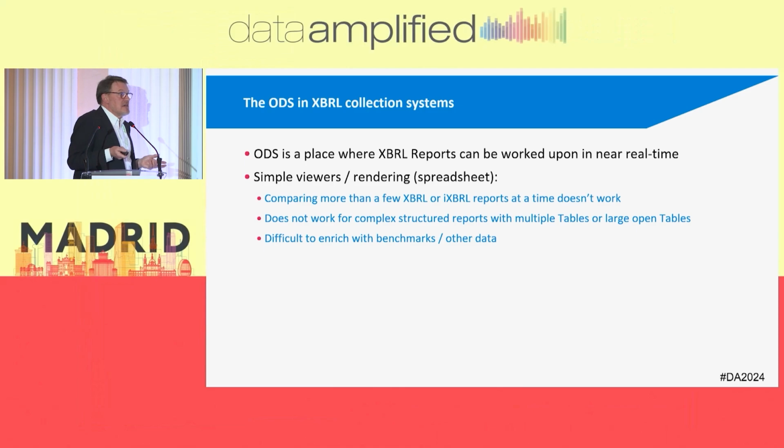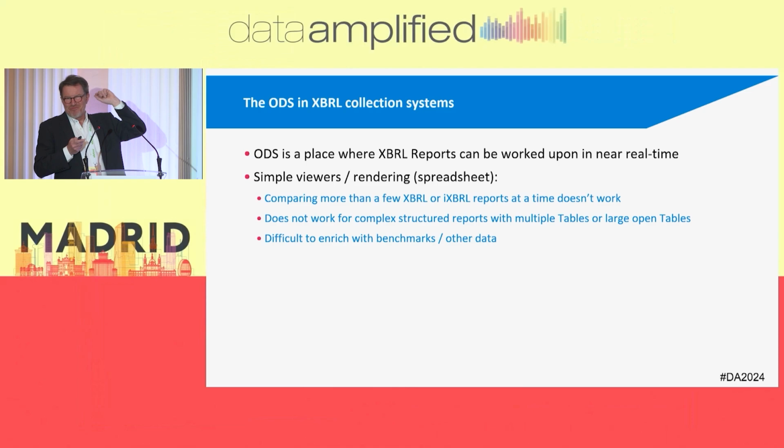If you're looking at, say, solvency data in Europe, you take a table like S06, it could have 100,000 rows. So you wouldn't want to use a review of those in Excel or anything like that to work out what's going on between that and another report, maybe the previous year's report.